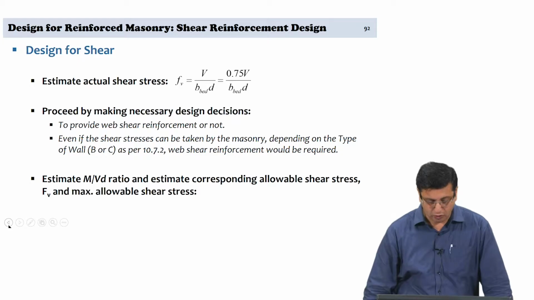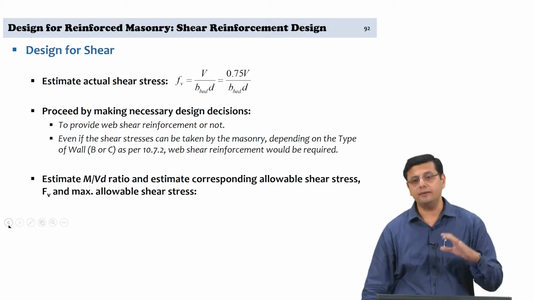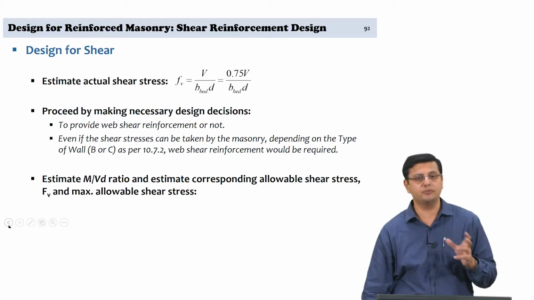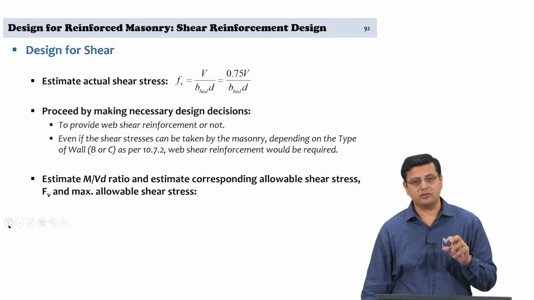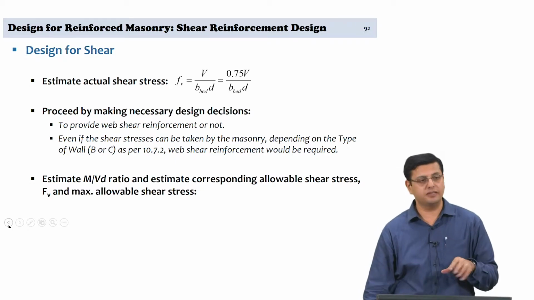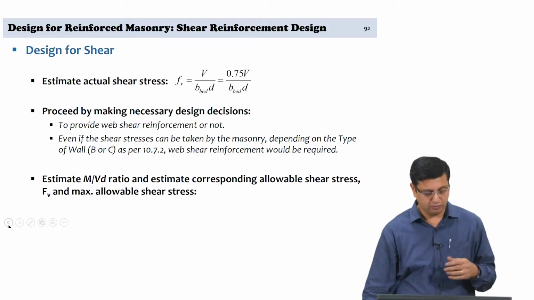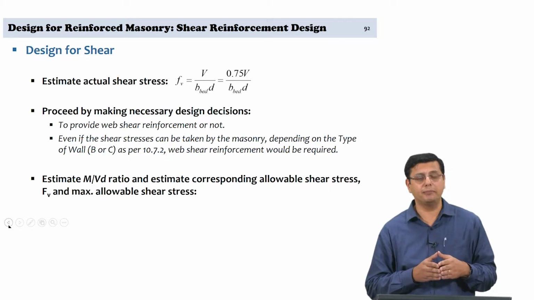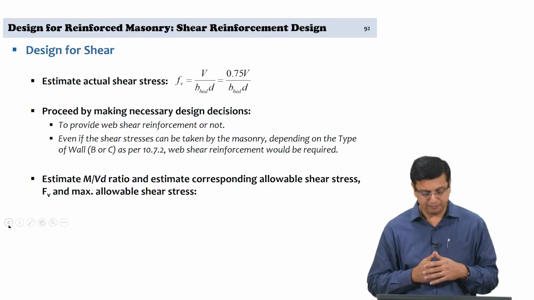So, to begin with, we have discussed this fact that it is really the aspect ratio of the masonry wall and its boundary conditions which will determine the kind of behavior that the shear wall would have. So, once you have done the estimate of the actual shear stress, we need to then look at what this M by Vd ratio is, and the M by Vd ratio, if you remember, will then lead us to what are the allowable shear stresses that the code permits.